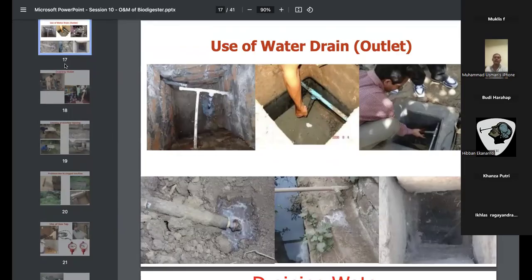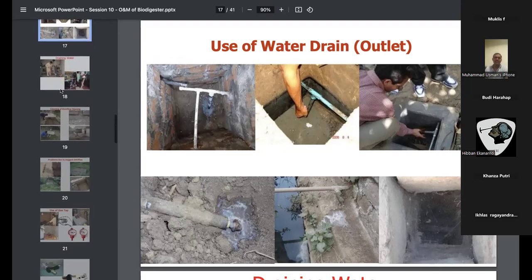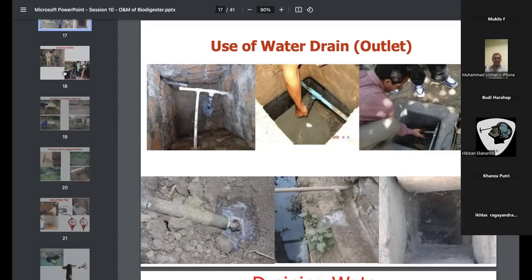This is the water drain. When we checked most of the biogas plants, there was water inside the gas line. Please advise the farmers to install a water drain in the gas line, because moisture usually collects inside the gas line, and that moisture stops the gas flow to the stove.